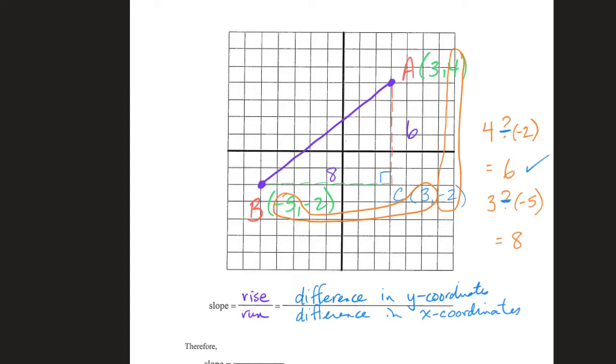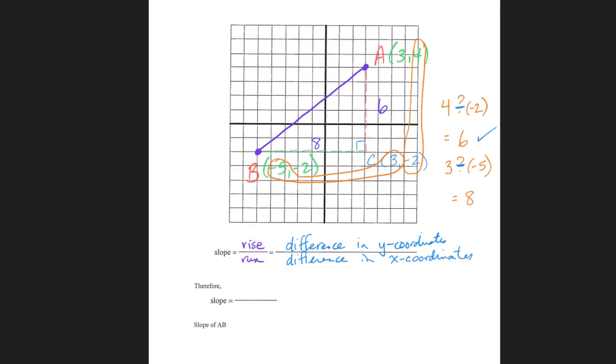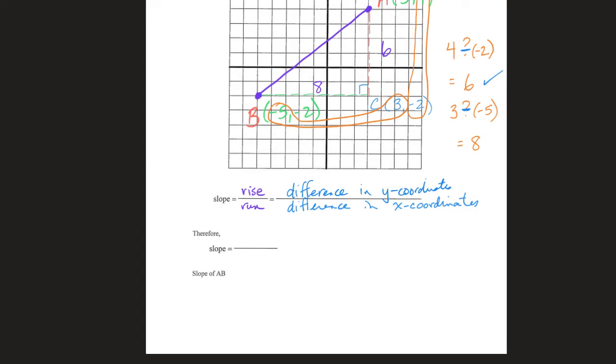Now, what I want to do is go through what's actually referred to as a formula for us. It's a slope coordinate formula. And this is going to be a way where we can calculate the slope of a line if we don't have its picture. If we're given the coordinates of the endpoints of a line segment, how we can calculate that slope. So I'm just going to shrink this down a little bit, and we're going to slide this up, because what you'll see directly below there is our conclusion, therefore.